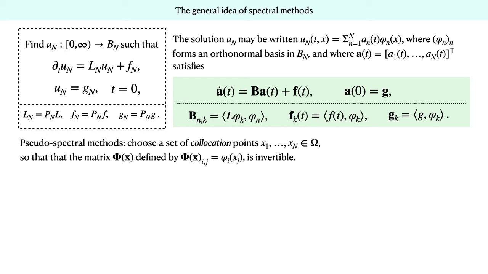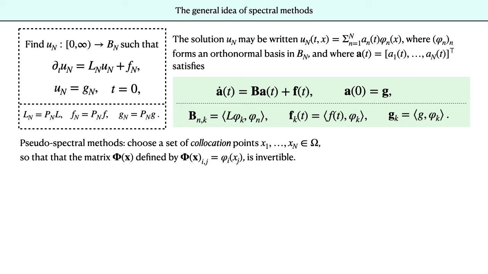More precisely, the basis functions, when evaluated at these endpoints, must create N vectors, capital N vectors, that are linearly independent. Another way to phrase this is to say that the matrix whose ij entry is phi_i(x_j) must be invertible, okay?